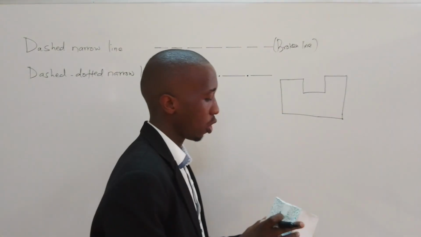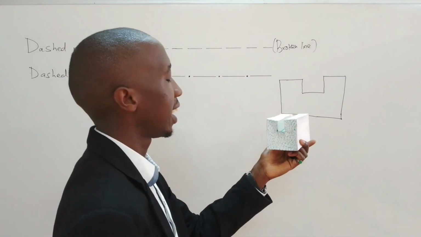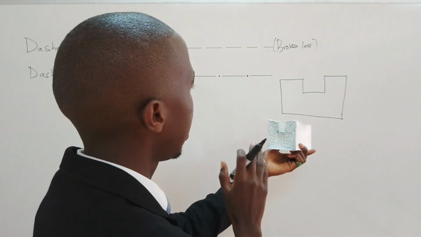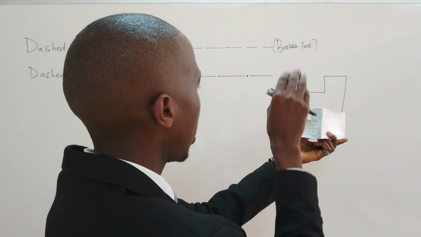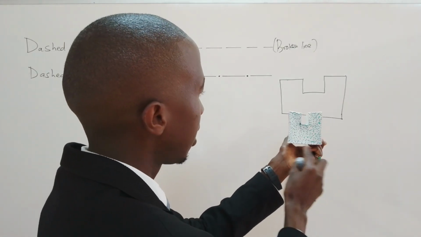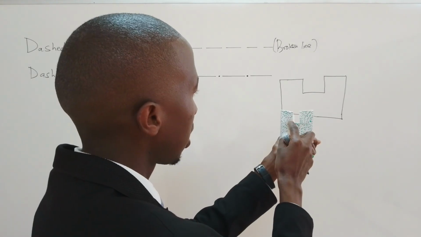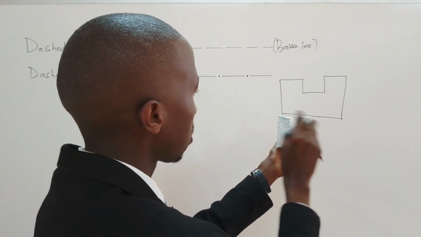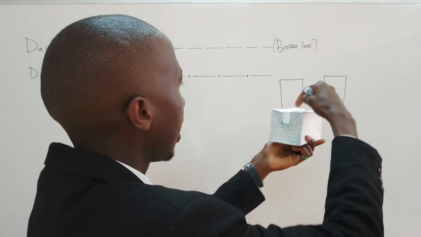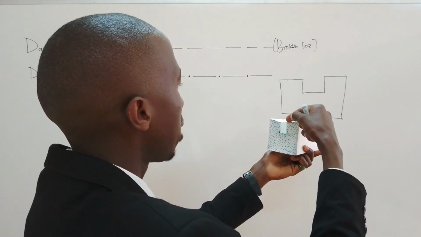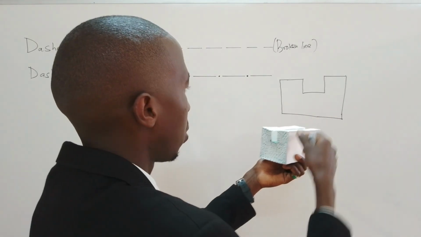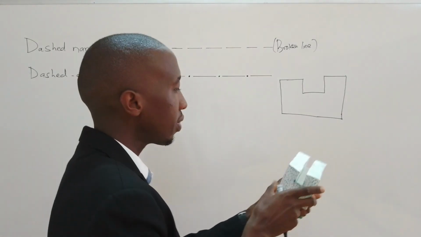Now in this case, we don't have any hidden lines because as you can see, we are seeing each line. The outlines are clear. This line, this one, this one, this one, this one, this one, and this one up to this point. The other lines are in this corner. So you will not be able to see the length or the span of this.